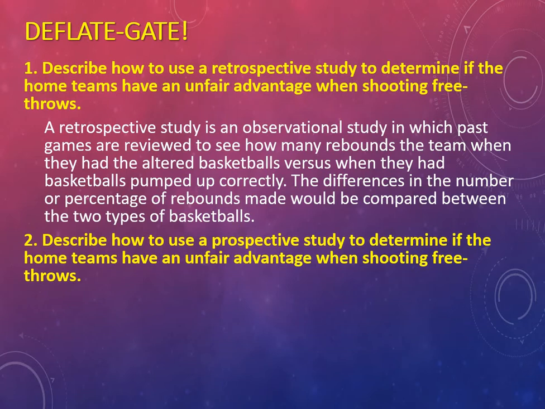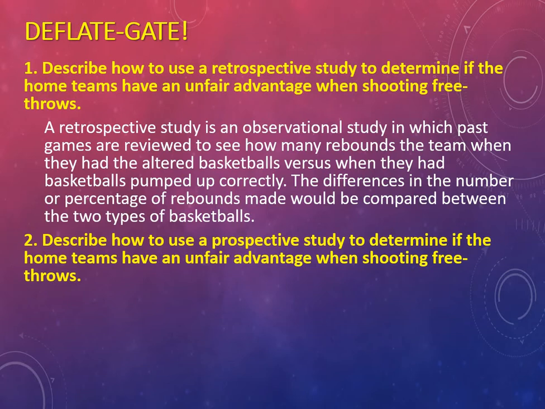But notice in this, I can clearly identify what my variable of interest here is. I can talk about what kind of things I am comparing. Comparing rebounds, I can tell who I'm talking about, and I can talk about the fact that this is past games. That way it identifies all the things that we need.